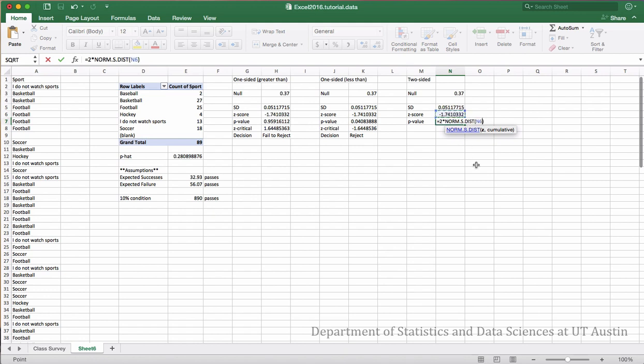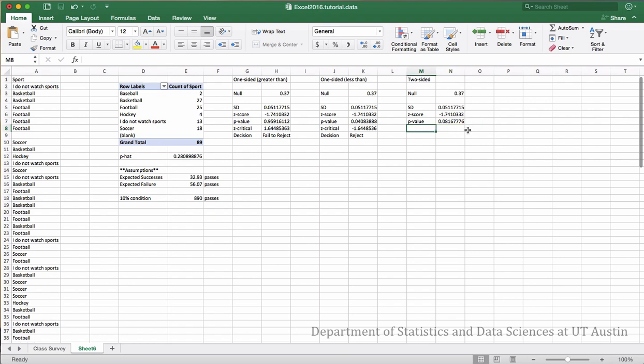I'm going to select the z-score that we calculated, and I'm going to say true. And that will give us the probability of being something other than 0.37. So notice that this probability is double this. That will be the case because of symmetry. We're looking at the probability of being less than negative 1.74 or the probability of being greater than positive 1.74.